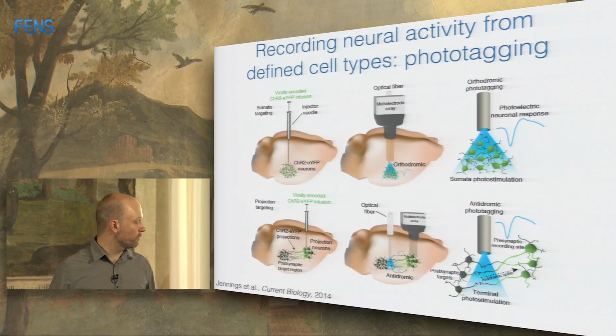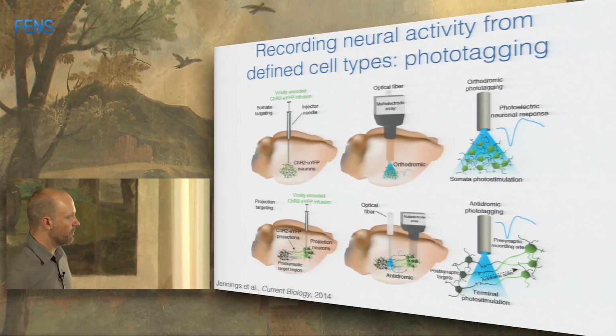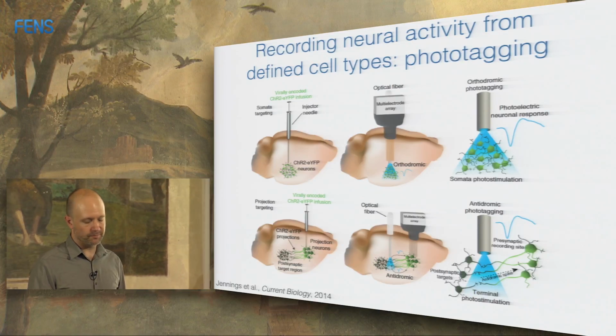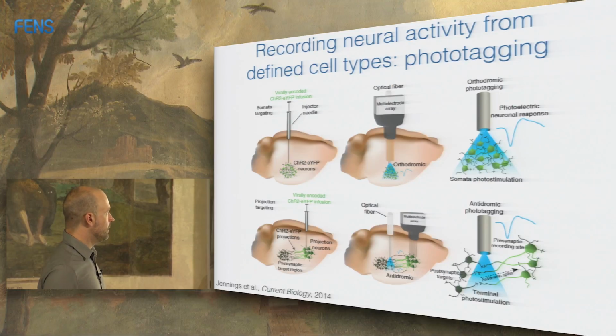What we talked about in the beginning was that you can drop electrodes in and record activity from a variety of different cell types. The problem is you don't actually know what cell type you're recording from most of the time. But you can at least classify cells based on their functional properties, for example.